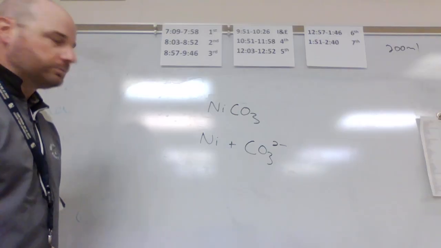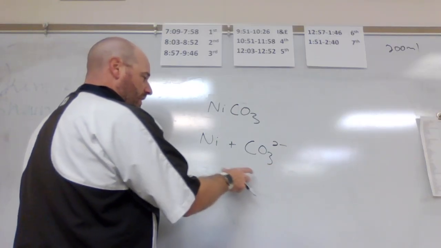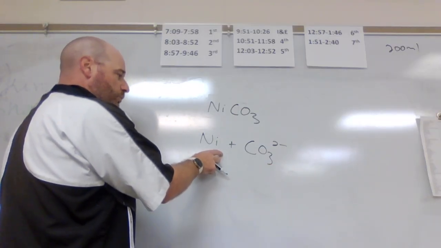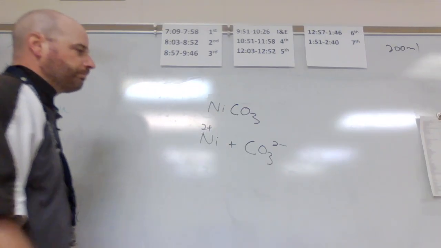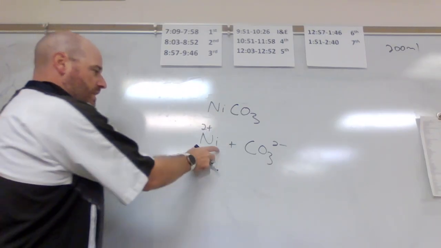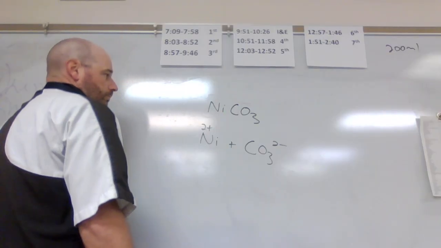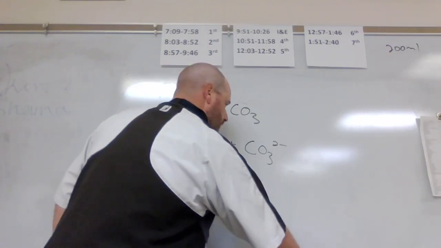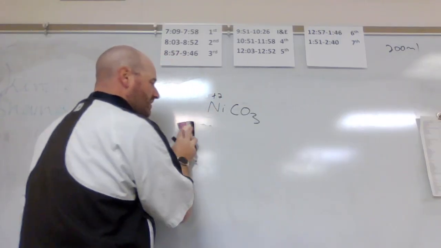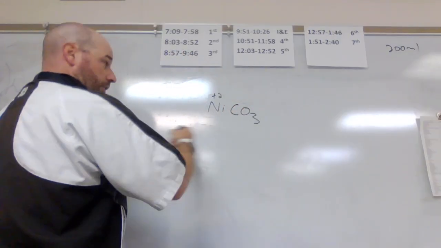So simple enough. If this is 2 negative, we've got to balance that to 0 with this one, which would make our nickel 2 positive. All right, we're balanced. So now we have our nickel oxidation number. We can throw that up there as +2. And now we can work through the rest of this problem the usual way.